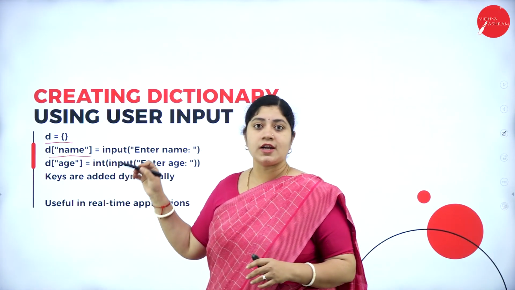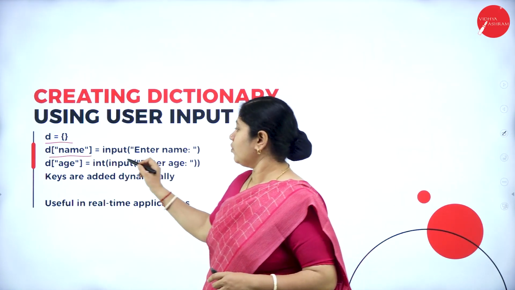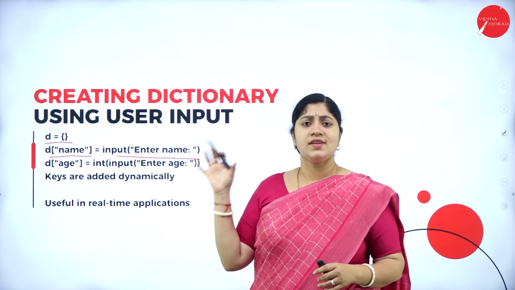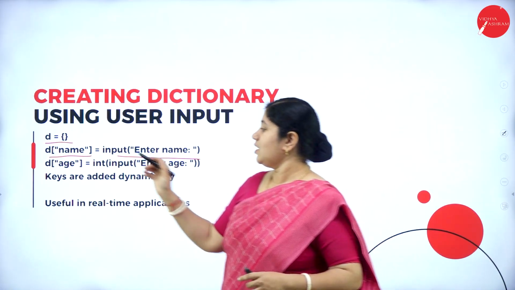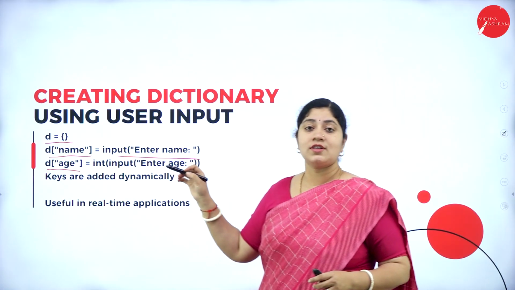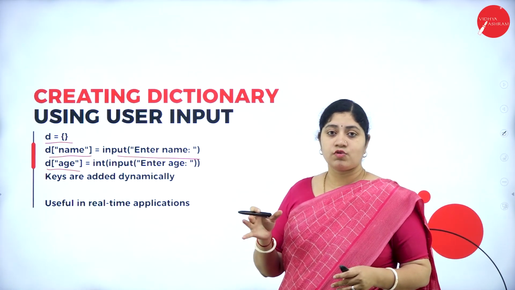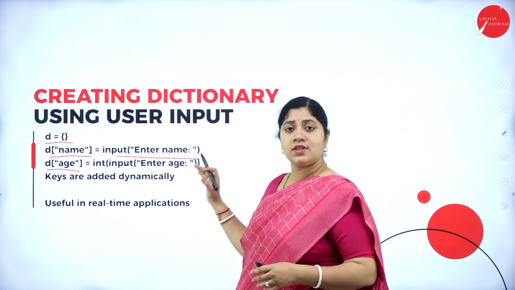Now we write D of name, followed by taking an input from a user, like enter a name. Okay, that's done. Next, if I want the age of that person, again I can ask the user to enter the age.